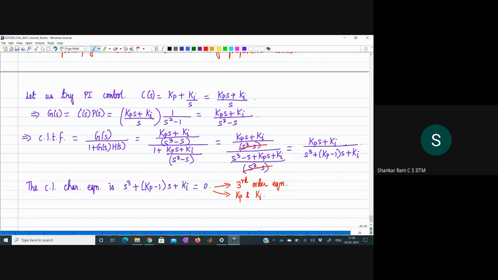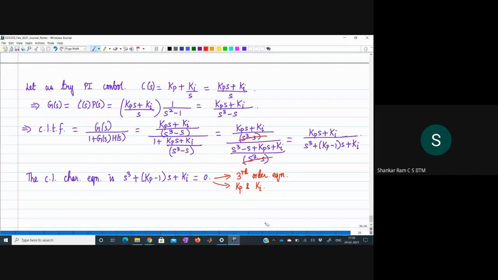That is exactly the general question we are asking. In this specific case, we are asking how can I find Kp and Ki, if at all they exist, such that the three roots of this equation lie in the left of the complex plane. In general, we can ask ourselves this question.